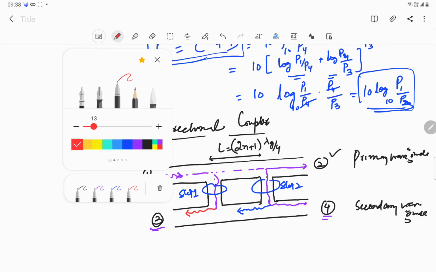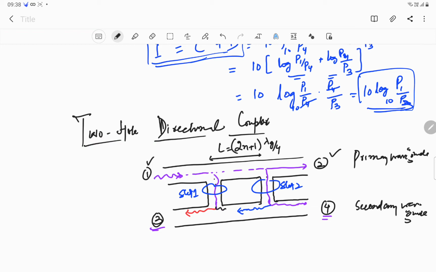Let me use a black color here. So all I'm trying to explain is that at these points there are two possibilities. The wave goes either in the forward direction towards the right, or in the backward direction.